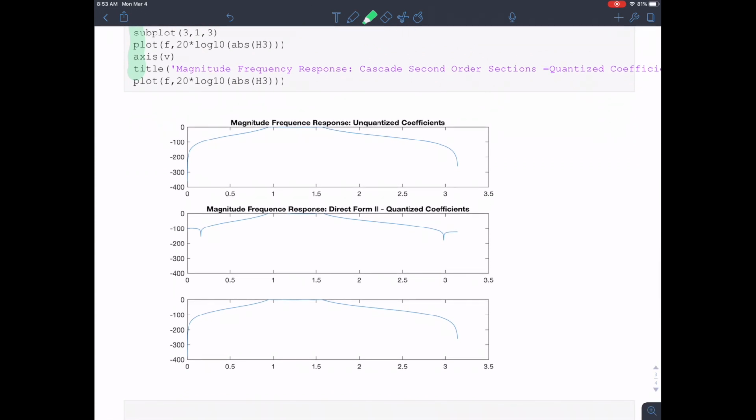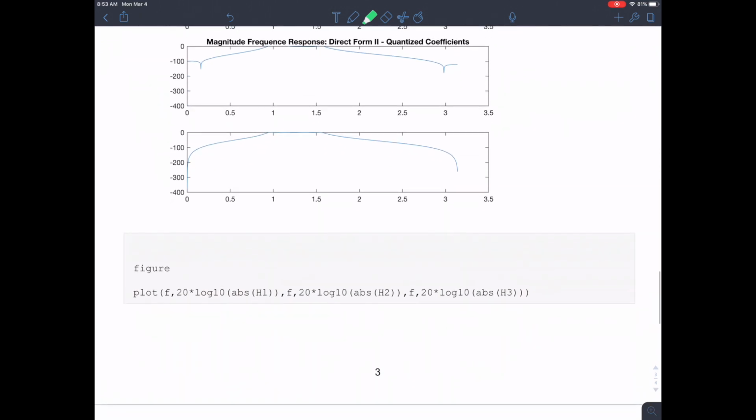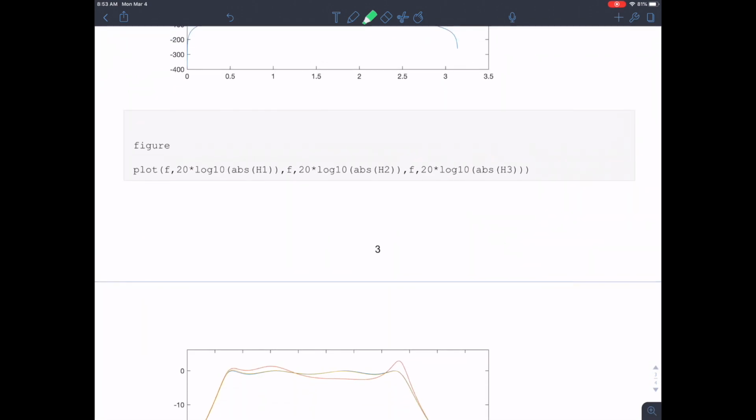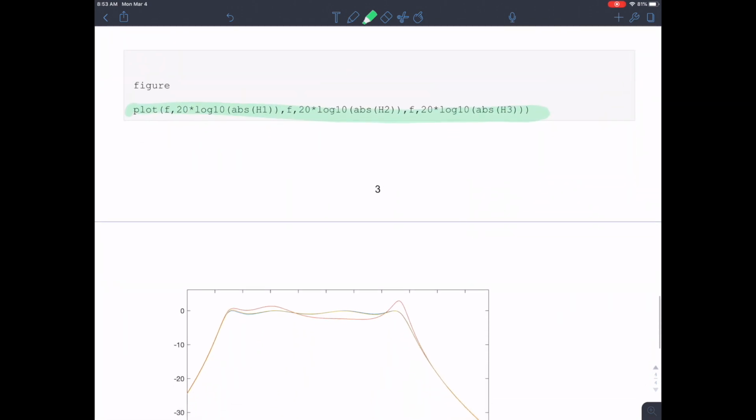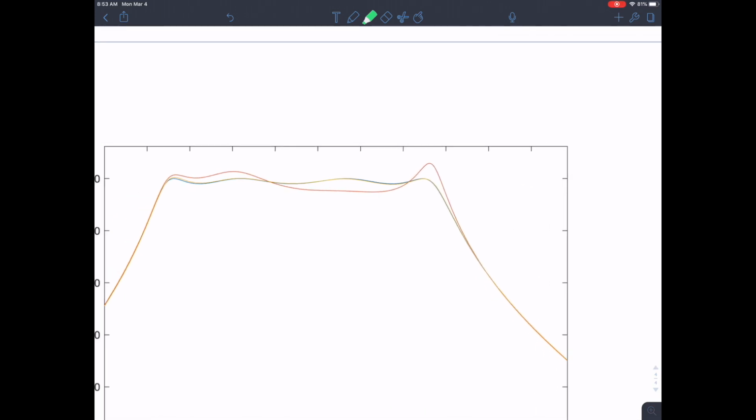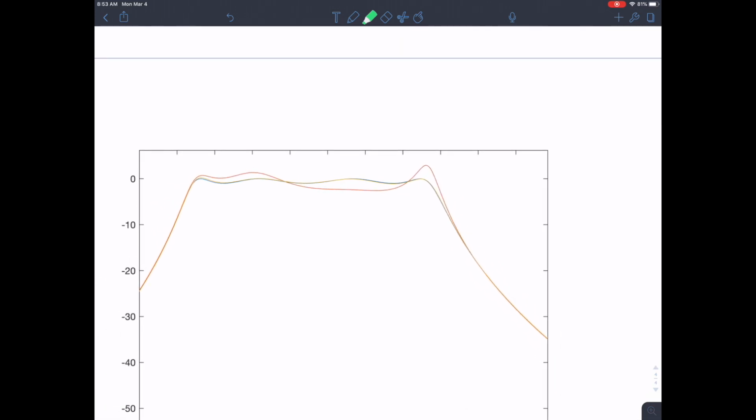Okay, it's kind of hard to make the comparison when you see them stacked where they don't line up with each other, and so I put them all on the same scale with this command. All right, and then I zoomed in to the interesting part of the frequency response.